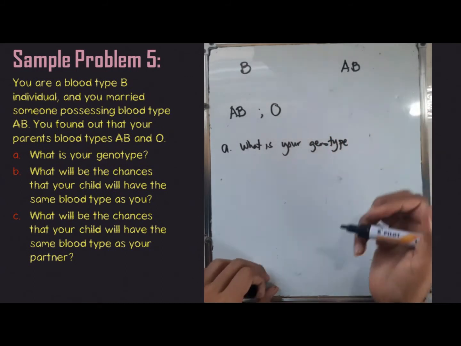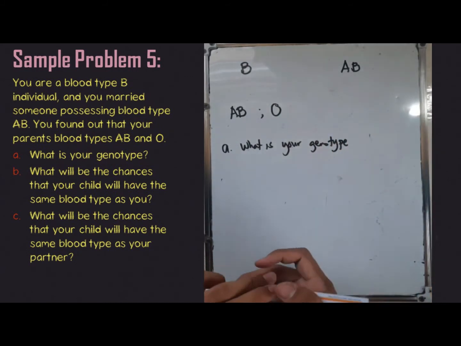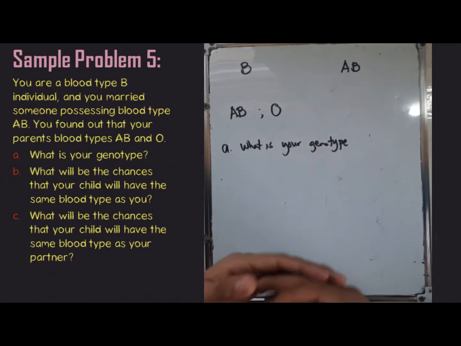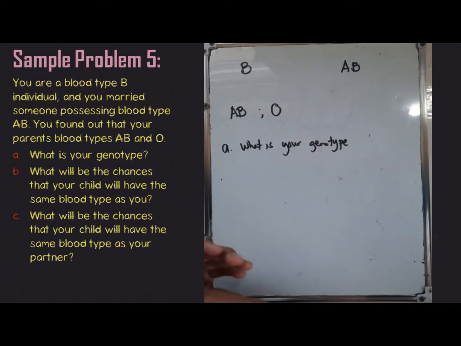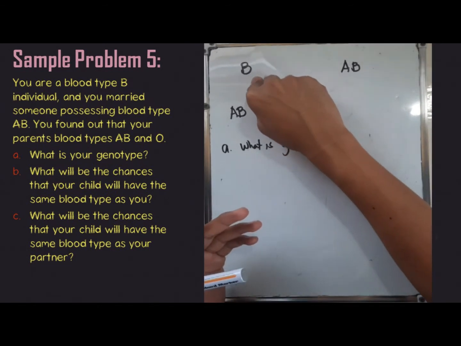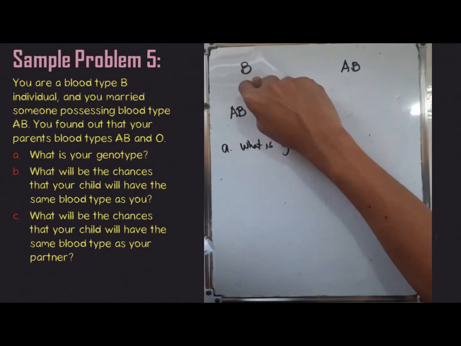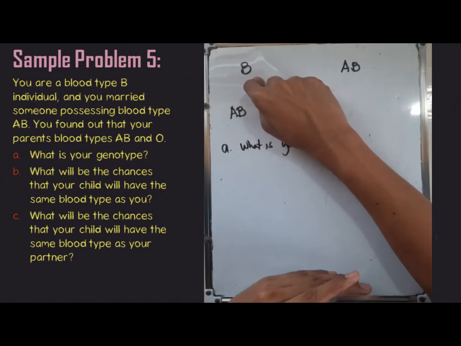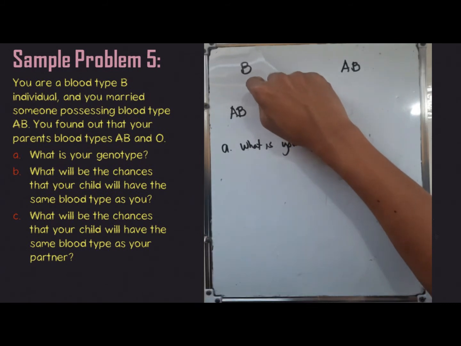Since the genotype of your blood isn't actually given in this case, let's consider doing a test cross to determine the possible genotype of your blood type, since blood type B could be either homozygous dominant or heterozygous dominant blood type B. Okay?